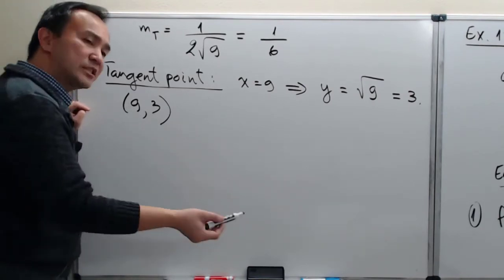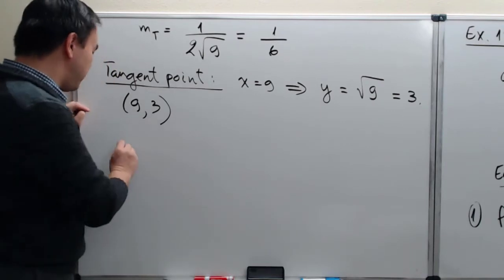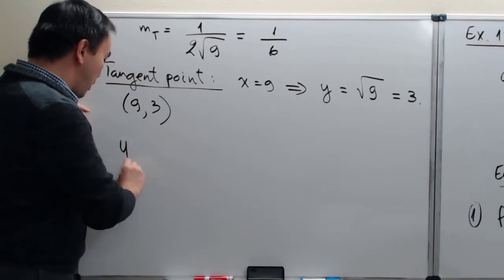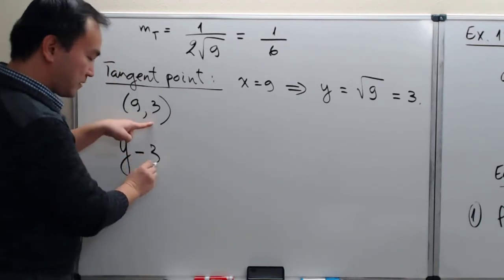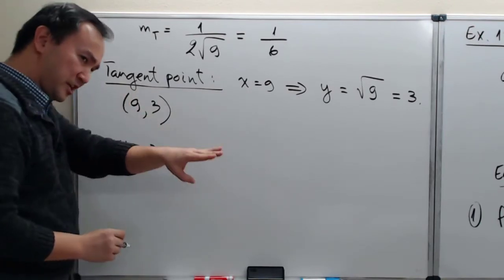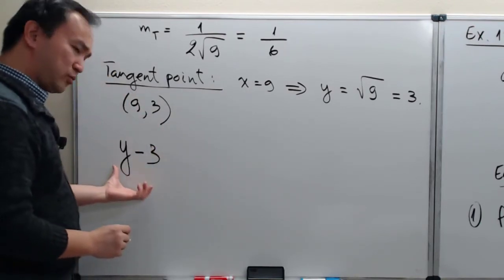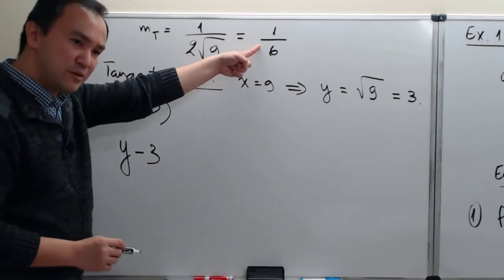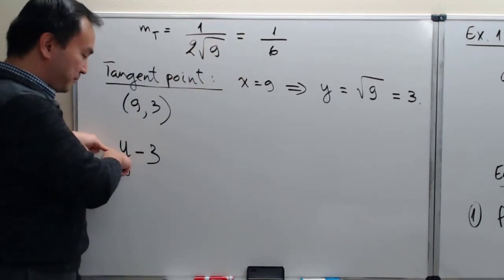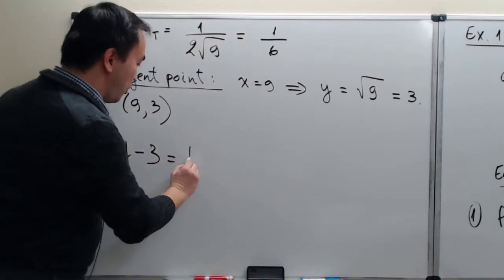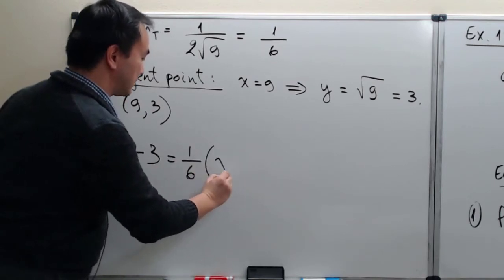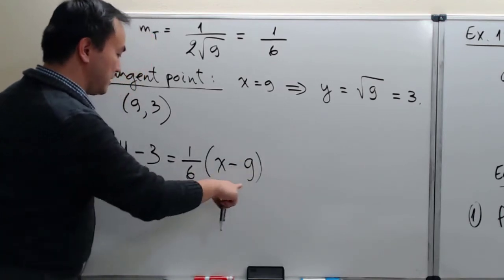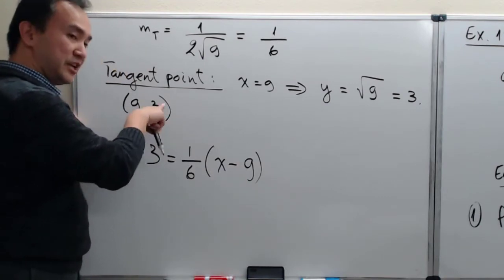So now on my way to find the actual equation of the tangent line, I'm sticking with point-slope again to speed things up. y minus 3, because this point for sure stays on the tangent line as well. That's why we can use point-slope. We already found the slope being 1/6. So y minus 3 equals 1/6 times (x minus 9). So 9 and 3 came out from the tangent point.